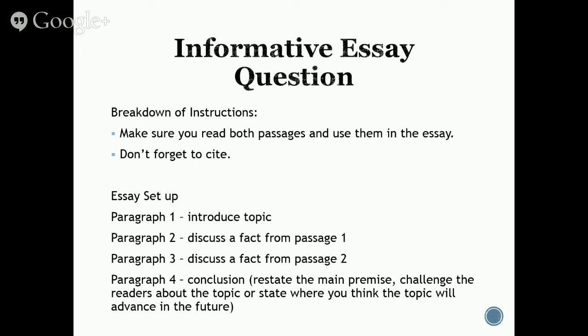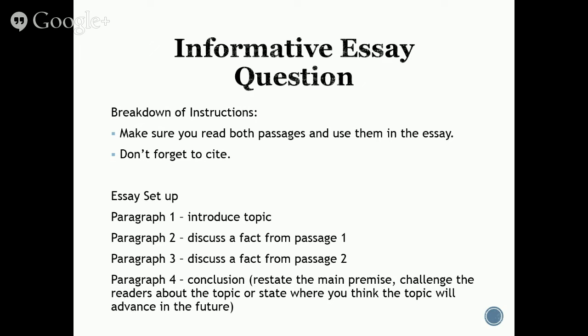So, the way I would set up an informative essay, my first paragraph would introduce the topic. Doesn't have to be long, needs to have 3 sentences, we'll do it. The second paragraph, I'm going to choose one fact, main idea that kind of gives the main points of the first passage and lay it out, informing on this topic.